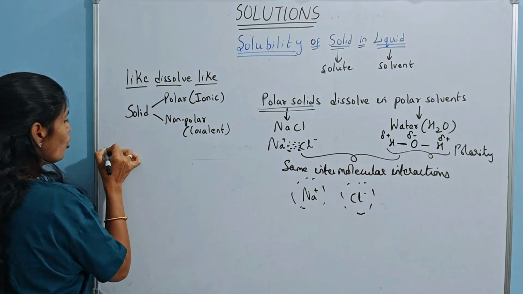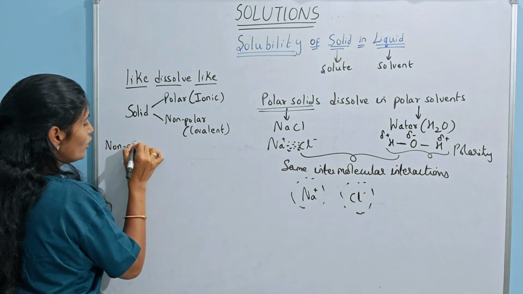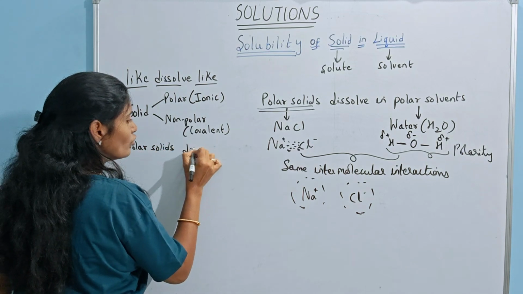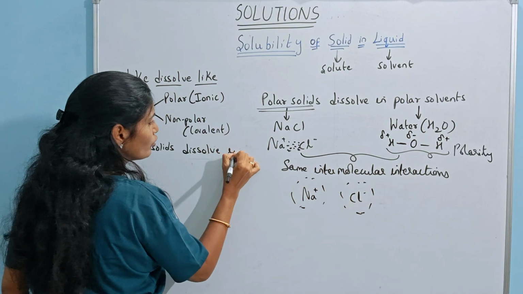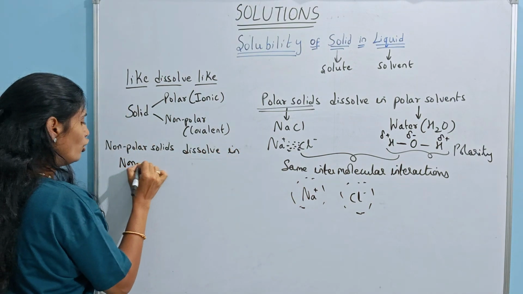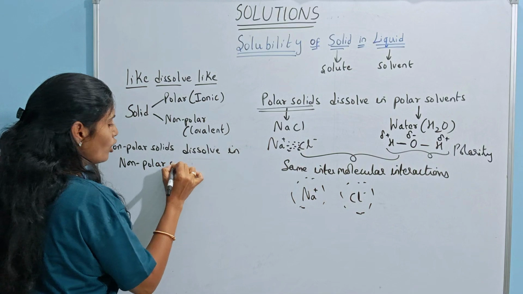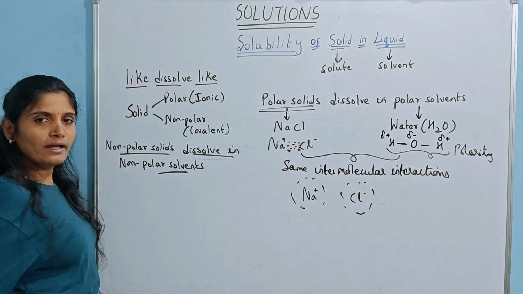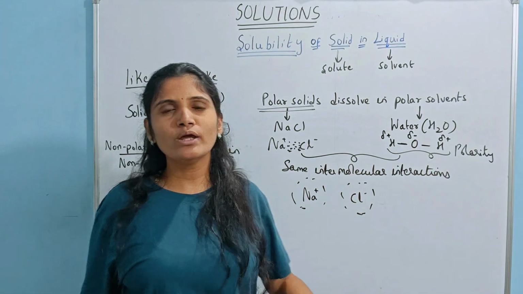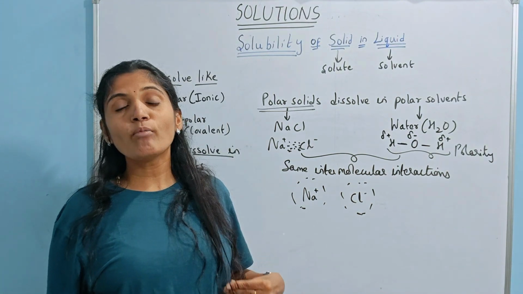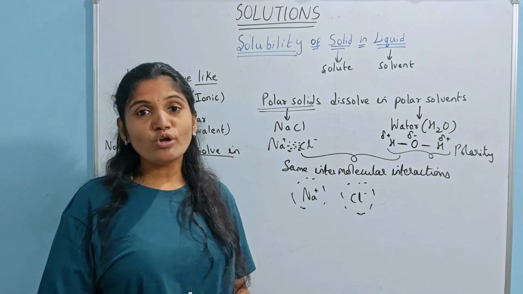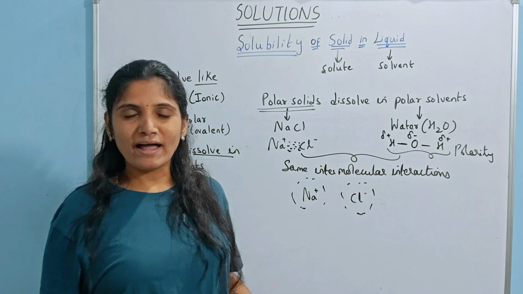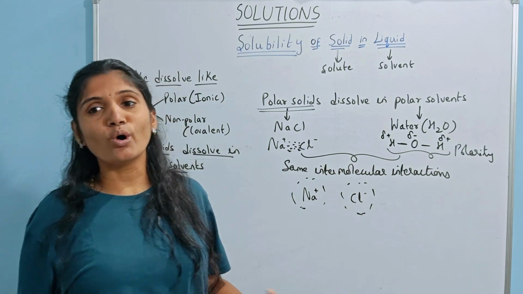Now when I talk about non-polar solids, they dissolve in non-polar solvents. Here I can take a very good example: benzene, naphthalene, anthracene. These are organic compounds.